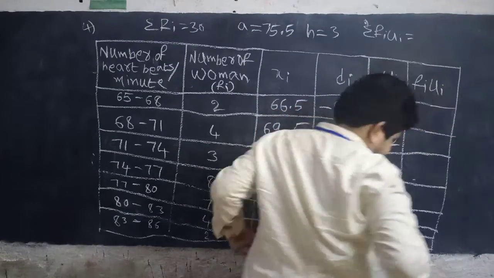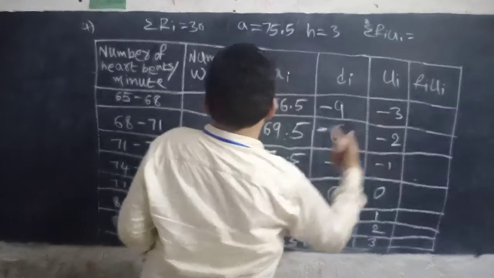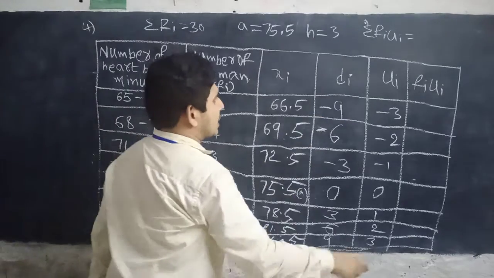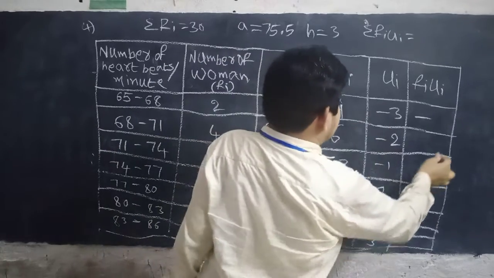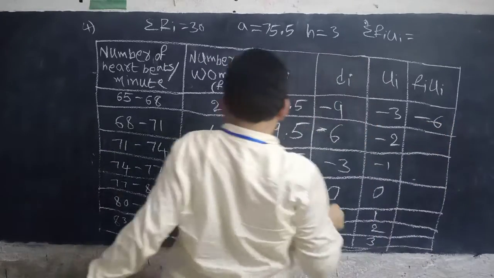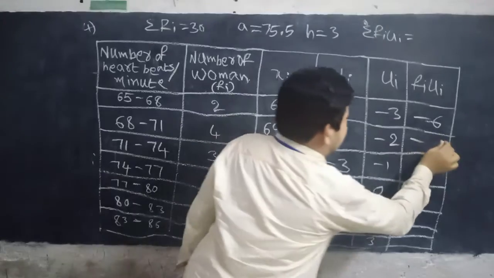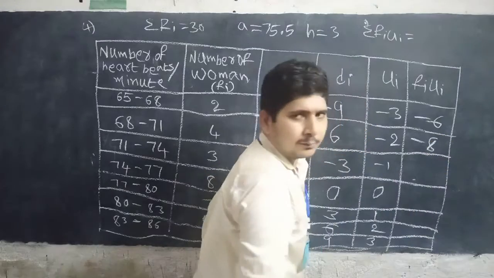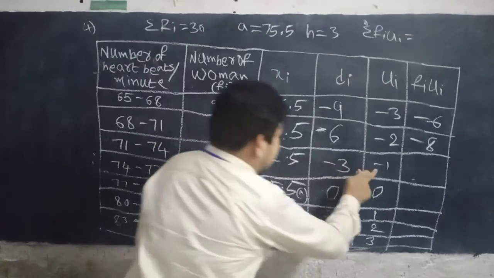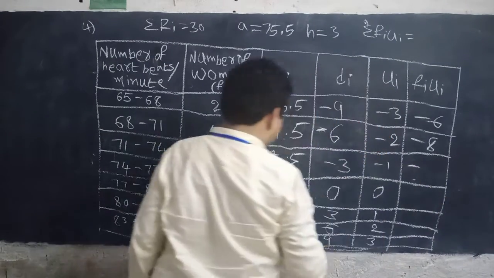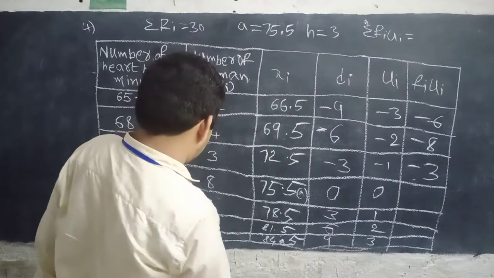Now what you want? fi into ui. Okay. Minus 2 into 6... minus 2 times 6 is minus 6. Now minus 4 into 8 is minus 8. Now minus 3 into 3 is minus 3.